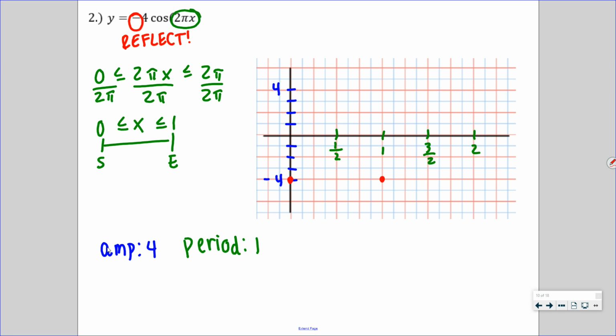All right, here's the pattern for cosine. Halfway between those, max. So at 1/2, there's a max. Halfway between those, crosses. Crosses on 1/4 and 3/4. Then we just repeat that pattern.